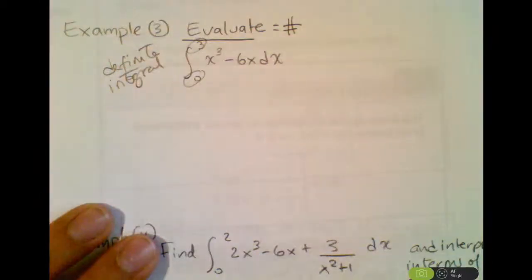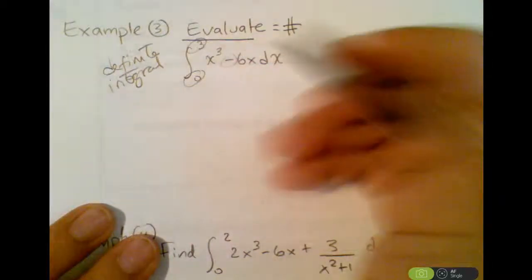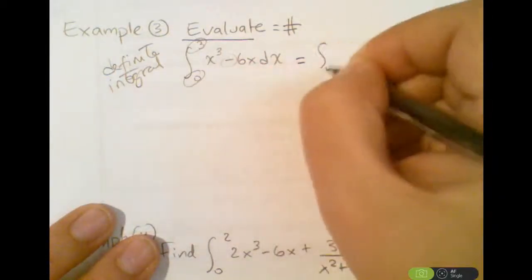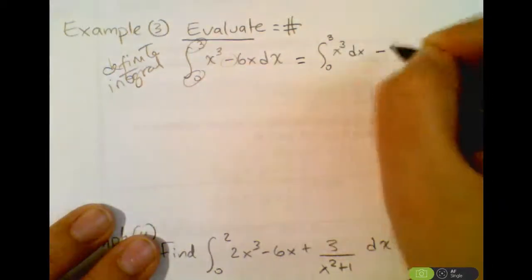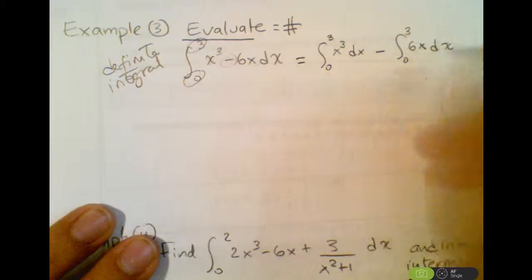So keep those differences in mind. So my answer is going to be a number. So since it's the integral of a difference, I can split it: integral between 0 to 3 of x cubed dx minus integral between 0 to 3 of 6x dx.